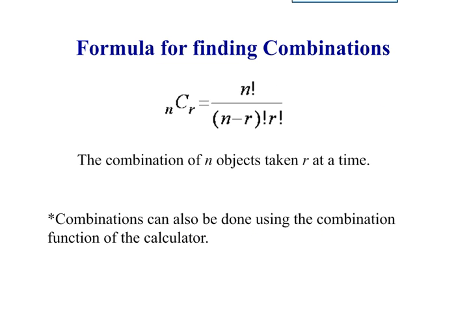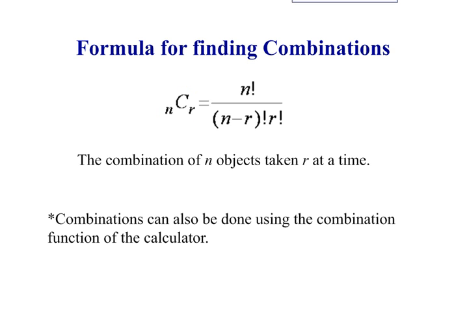Here's the formula for finding combinations. nCr is read the number of combinations of n objects taken r at a time. That means that we're going to have a total of n objects, and from those n objects, we're going to take r of them and find out how many different ways they can be arranged without the order of arrangement making a difference.